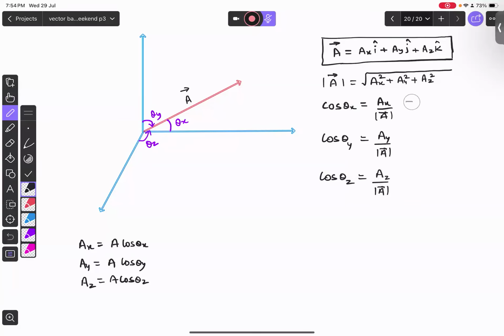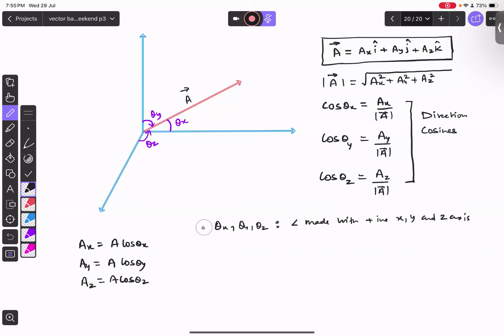And these three things together are called direction cosines. Why? Because theta x, theta y, and theta z are the angles made with positive x, y, and z. And why do we find these angles? To find direction. So these angles are like a synonym of direction.